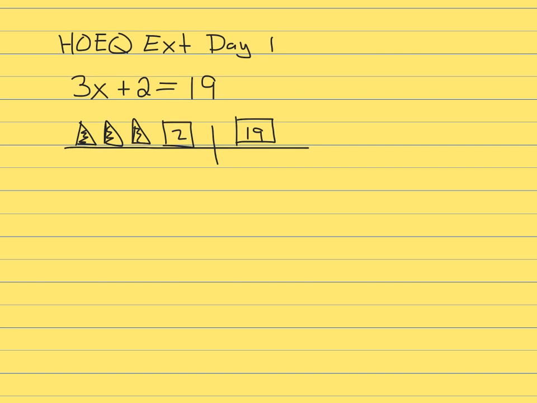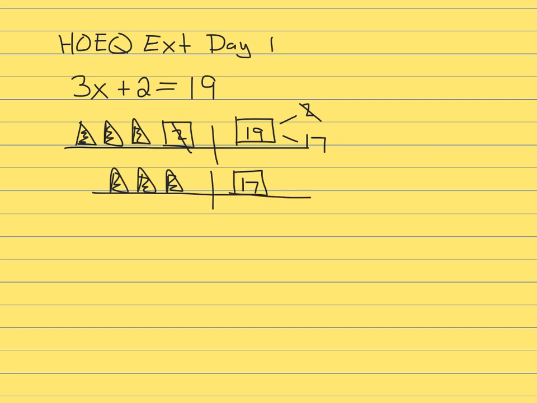Since there aren't triangles on both sides, I'm going to regroup my 19 so that I can take away my 2, which would leave me with 17. I now can cancel out or remove 2 from both sides. So I'm going to have 3 triangles balanced with 17.